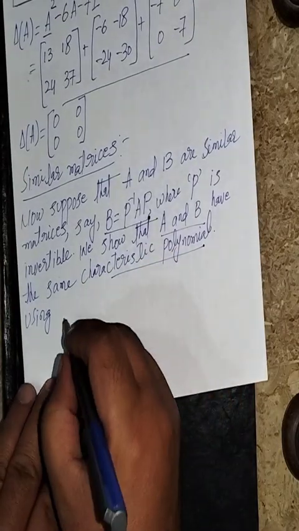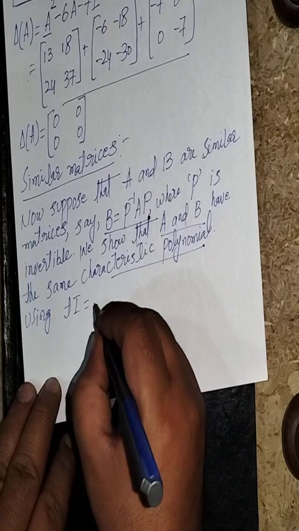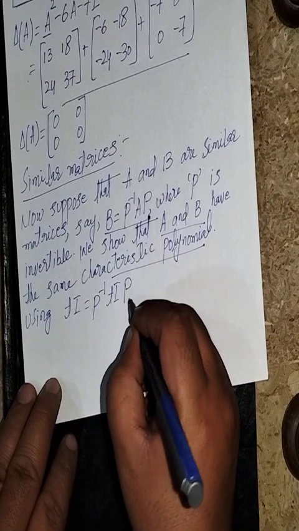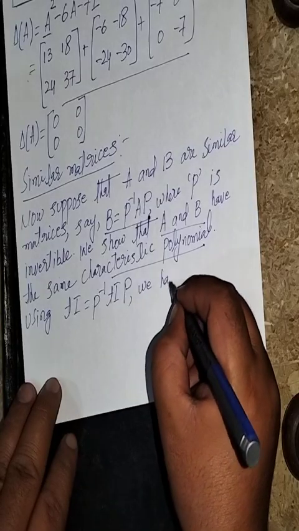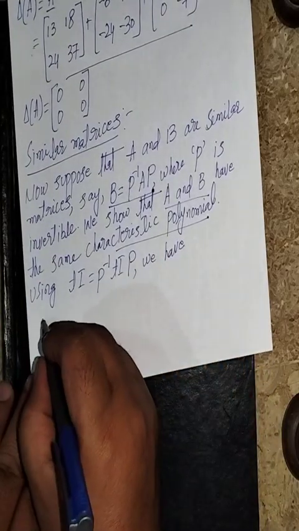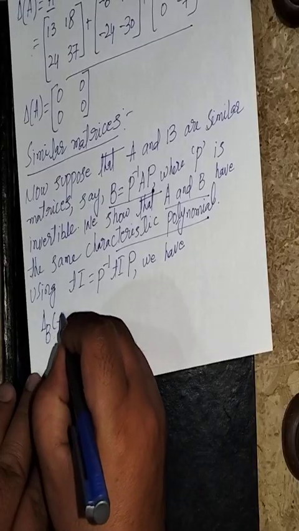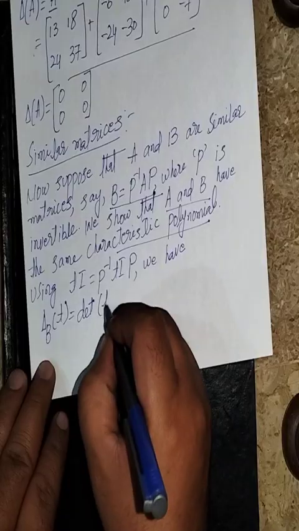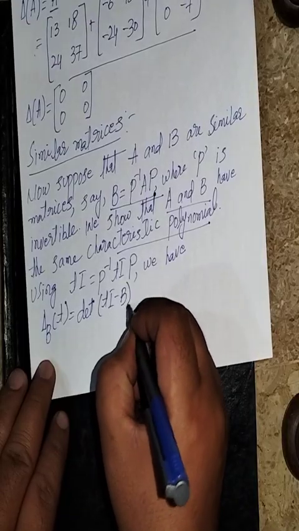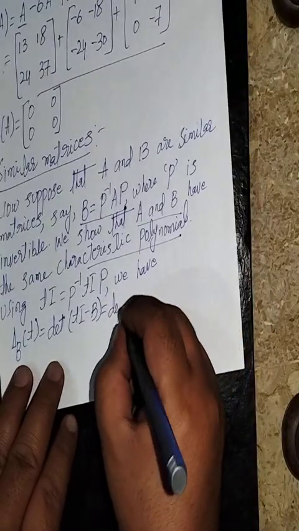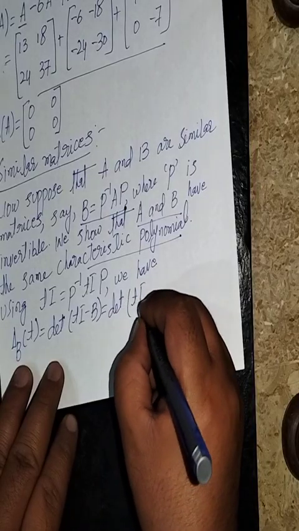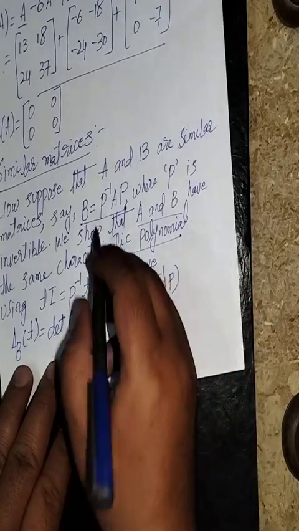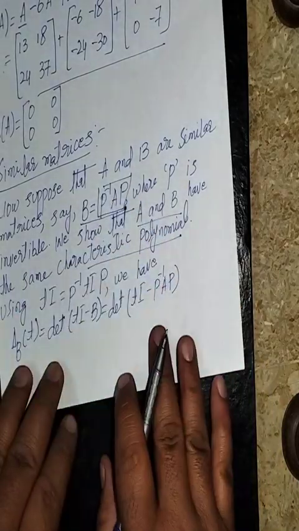Using tI equals P inverse tIP, we have the characteristic polynomial of matrix B equals that of tI minus B, equals that of tI minus P inverse AP, because B equals P inverse AP.